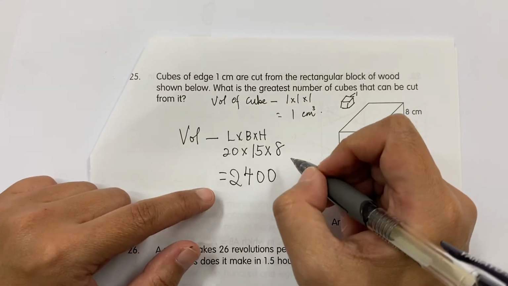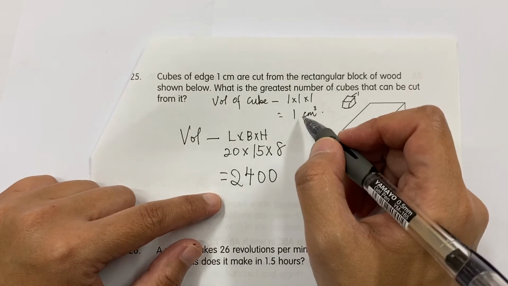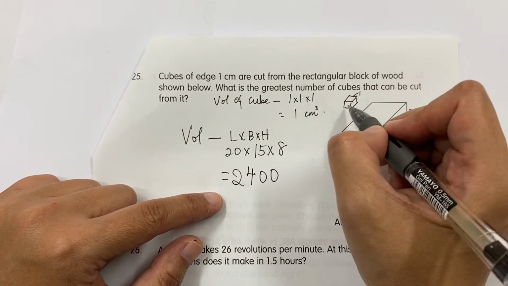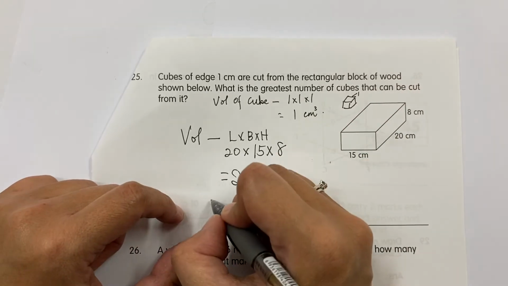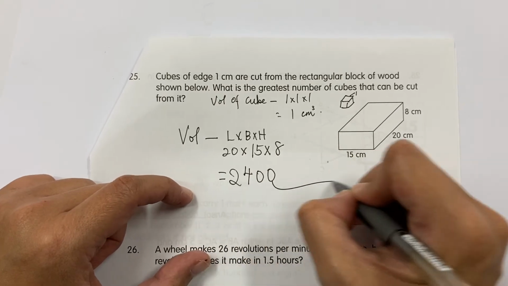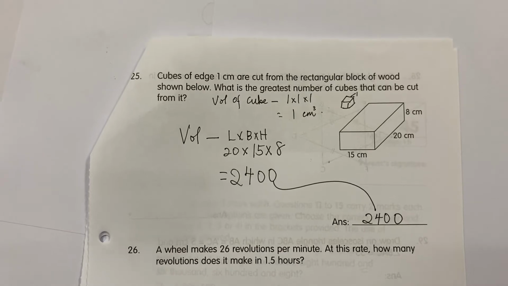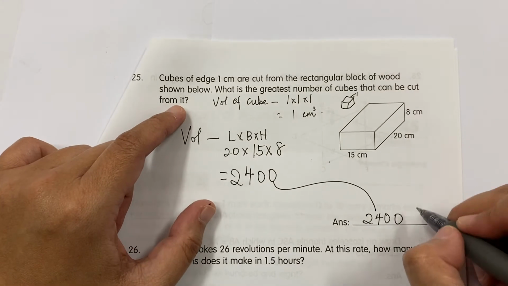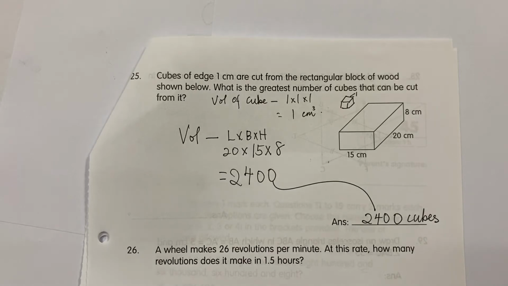Okay, so because you know the volume of each cube is just 1, right? 2400 divided by 1 will still give you the same answer. So it's actually 2,400 cubes. That's your answer.